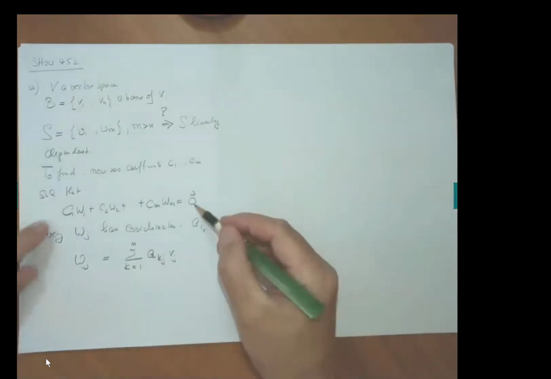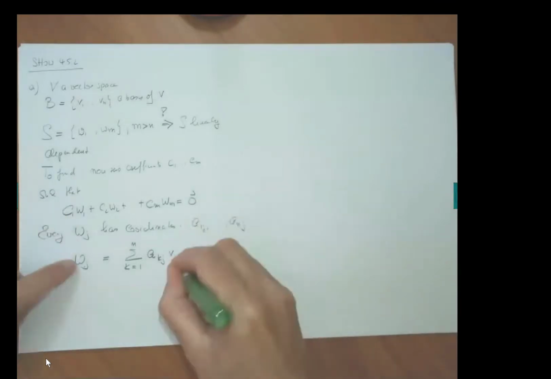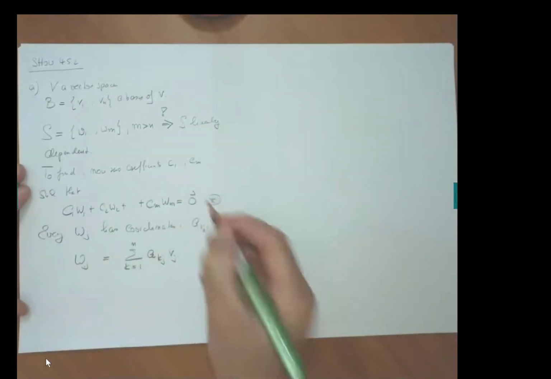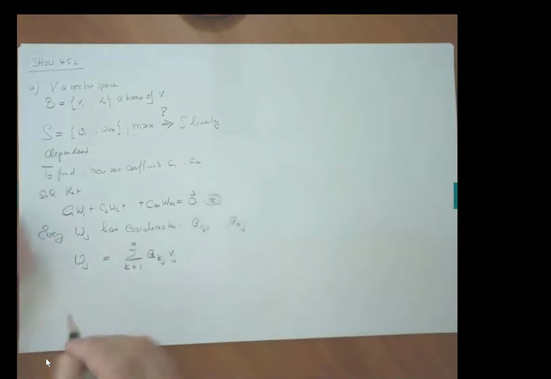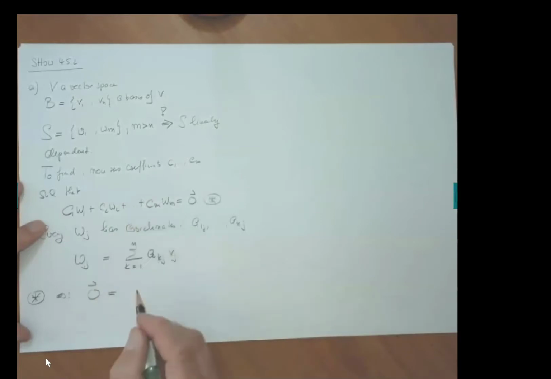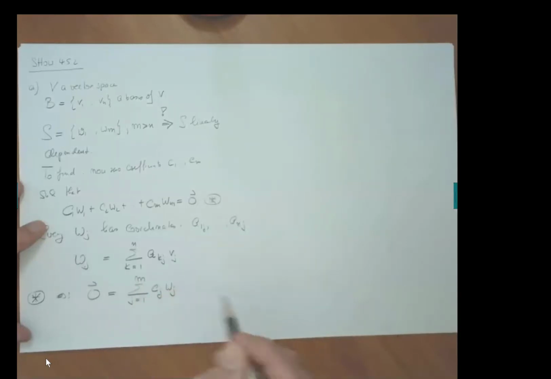Okay, now this equation can be written with the help of the basis vectors. So let's call this star again. Star is equivalent, or I just write it down in a short way, 0 is equal to this, and now I write it also as a sum symbol. So now for every Wj, I use this formula.